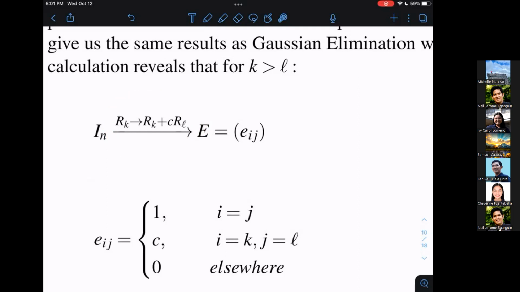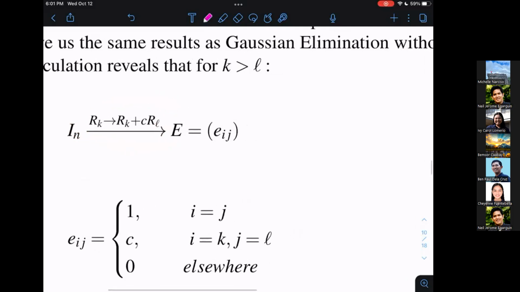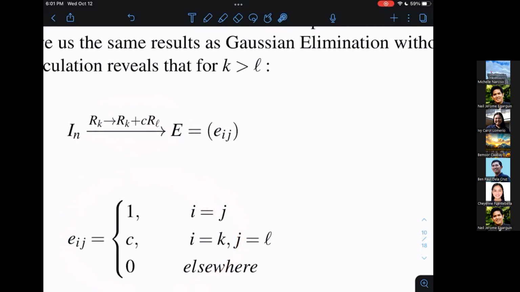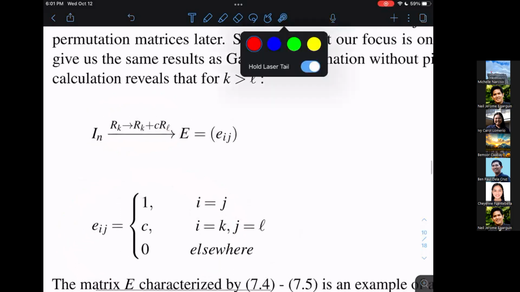So whenever we want to get the elementary matrix corresponding to the elementary row operation suggested by this operation, nagiging itsura lang nung elementary matrix ay ito. Right? Tingnan natin kung bakit ganyan yung itsura ng elementary matrix para sa row translators. So, kailangan ko siyang i-perform sa identity matrix.